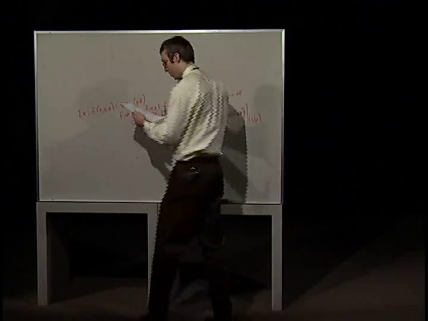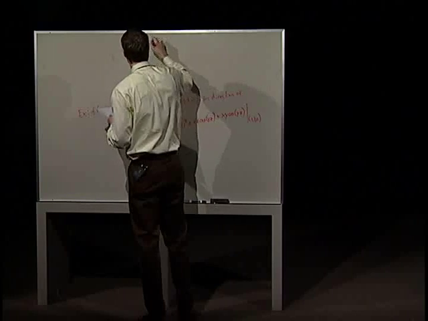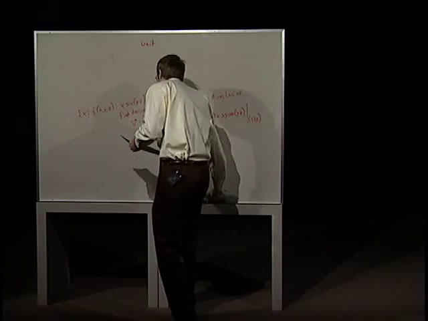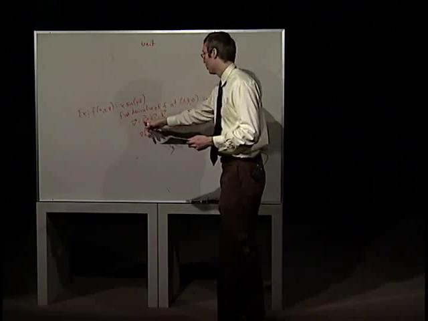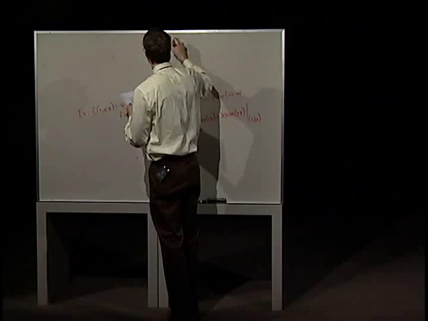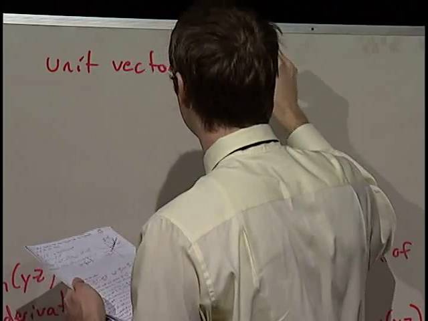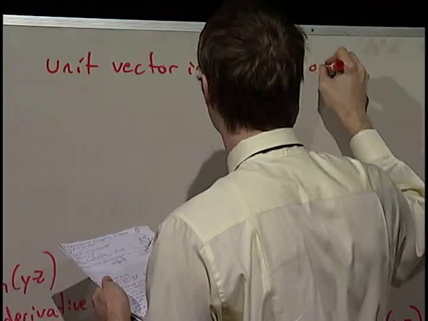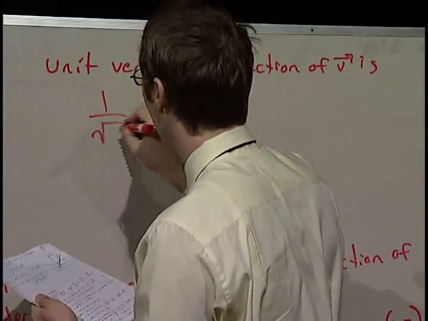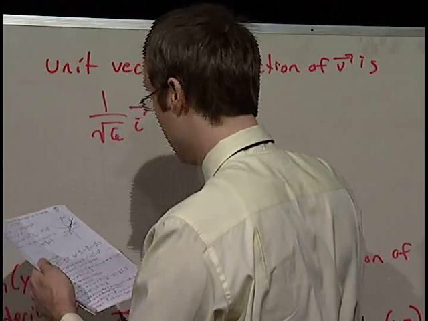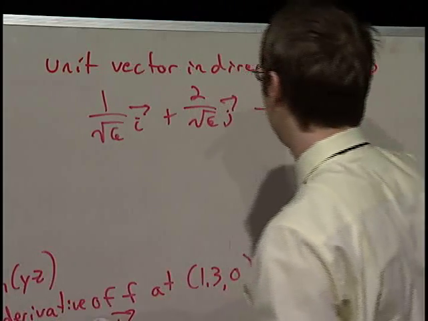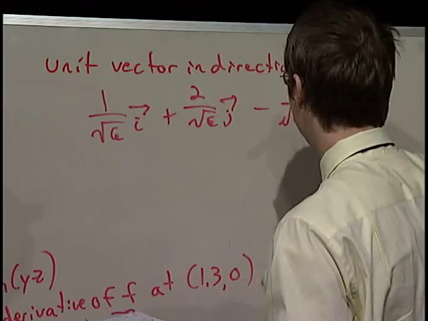Let's see here. So your v is not a unit vector. Your v has got length squared 1 and 4 is 5 and 1 is 6. So the unit vector in the direction of v is 1 over root 6 i plus 2 over root 6 j minus 1 over root 6 k.